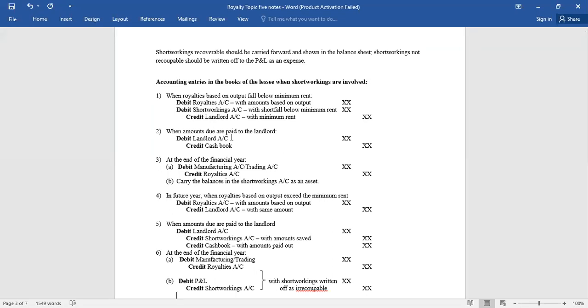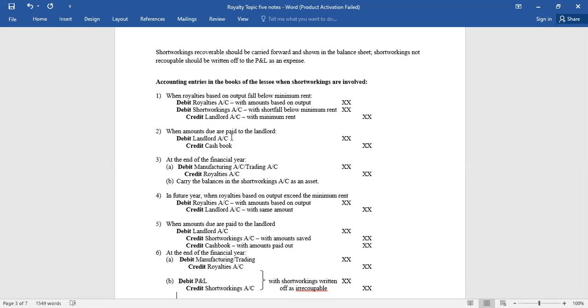So the landlord will be getting the minimum rent. Our transaction 1 is occurring when we enter into the contract with the landlord. Transaction 2 is when we make the payment. We are going to debit the landlord account and credit our cash book account, just as in the introductory part.